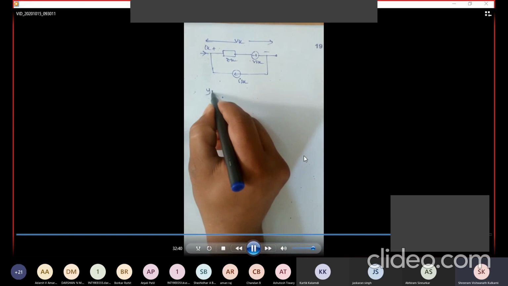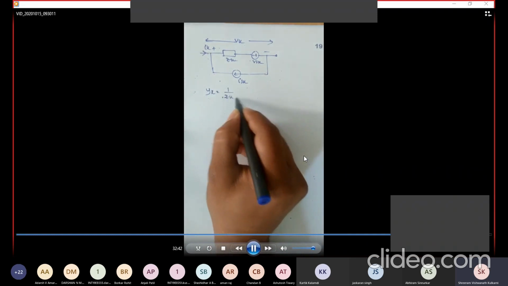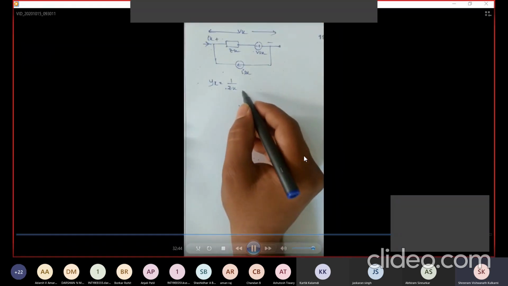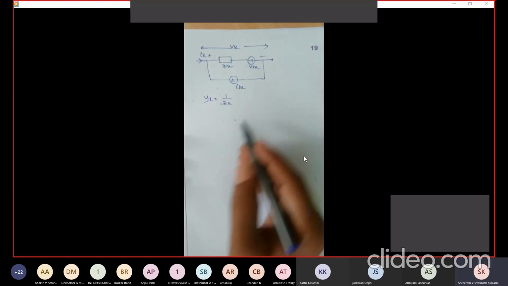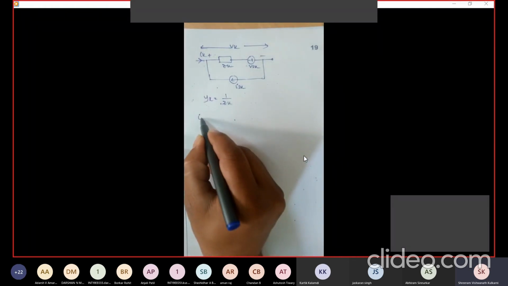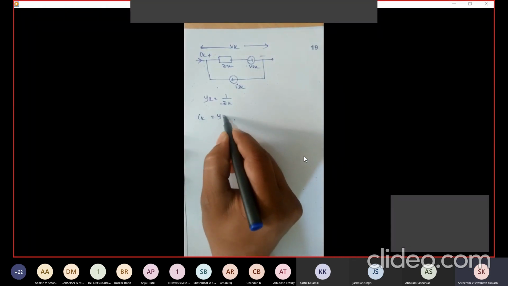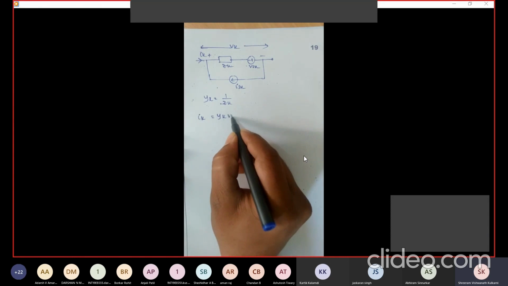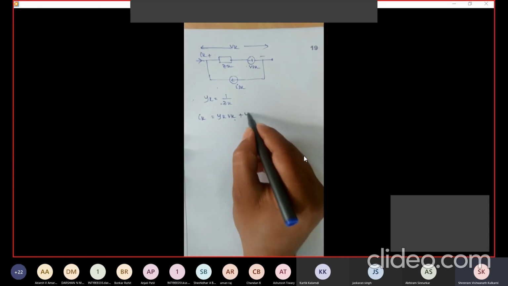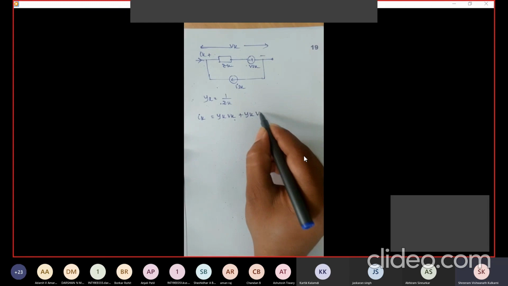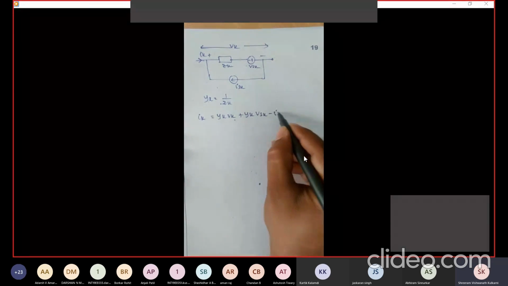I can simply write yk equals 1 by zk. Correct? For this circuit, I'll write my equation as ik equals yk vk plus yk vsk minus isk.